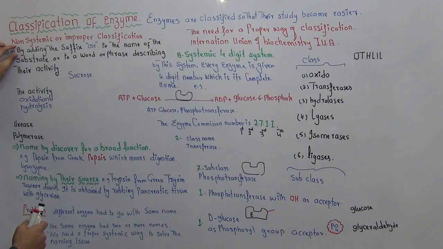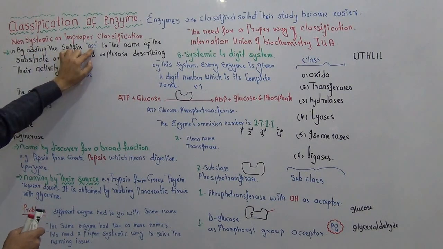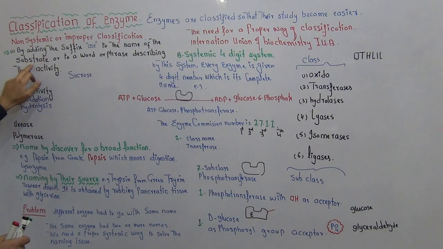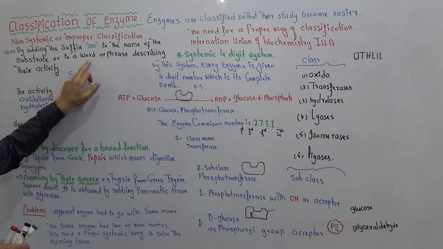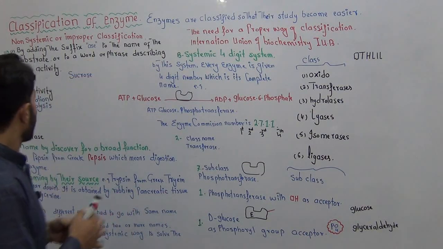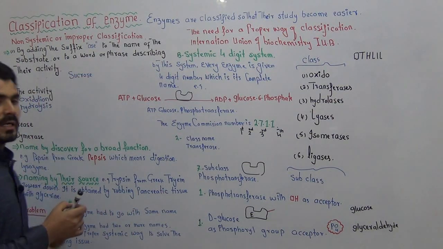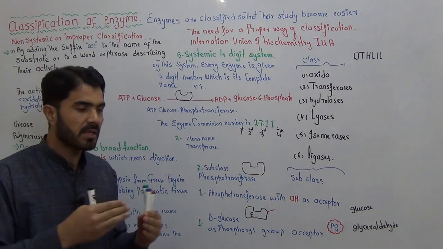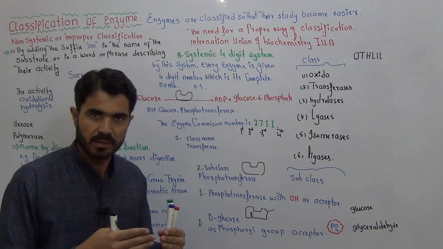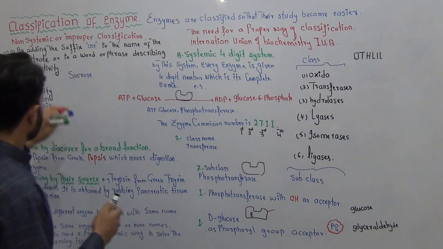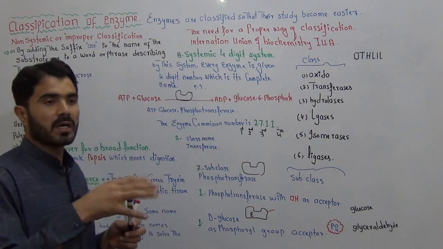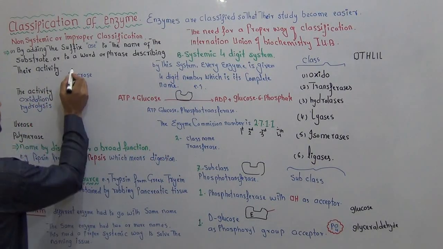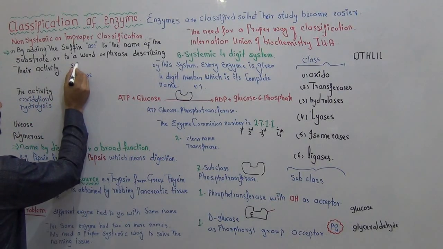Here it is done by adding the suffix ase to the name of the substrate or to a word. You know, every enzyme that we see acts on something. So if an enzyme acts on a substrate, let's suppose the substrate is sucrose.